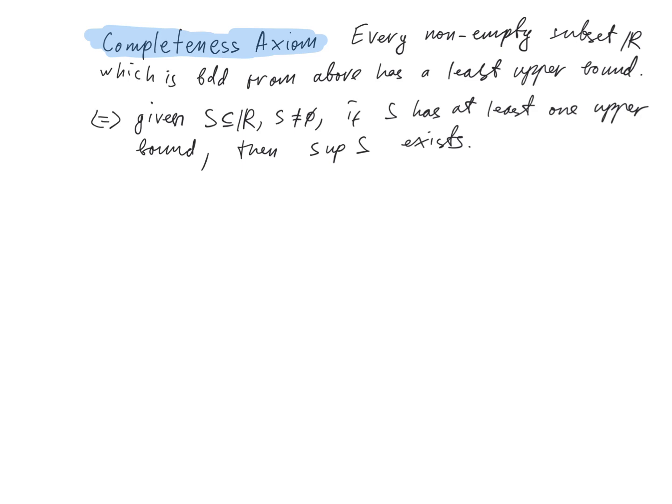This axiom gives us a precise way to express the intuitive impression that there are no gaps on the real line. Before looking into this further, first let's observe that the completeness axiom fails for the rational numbers.